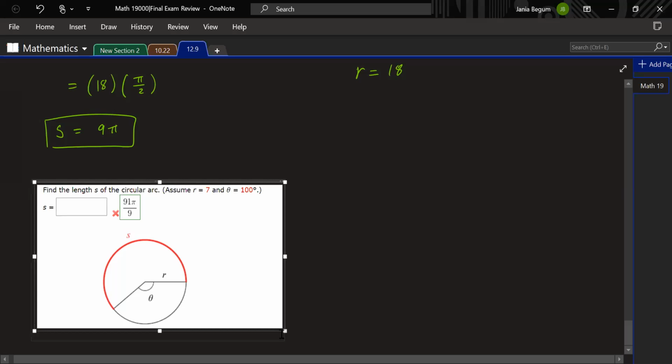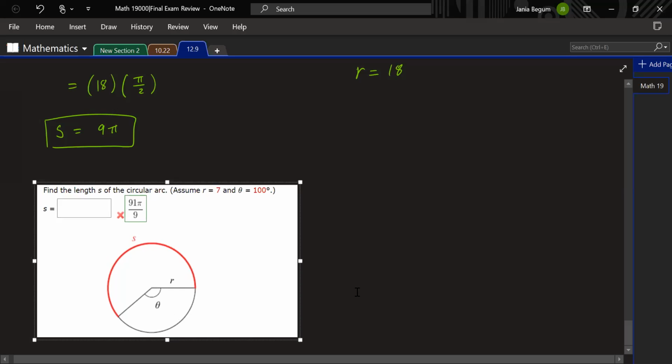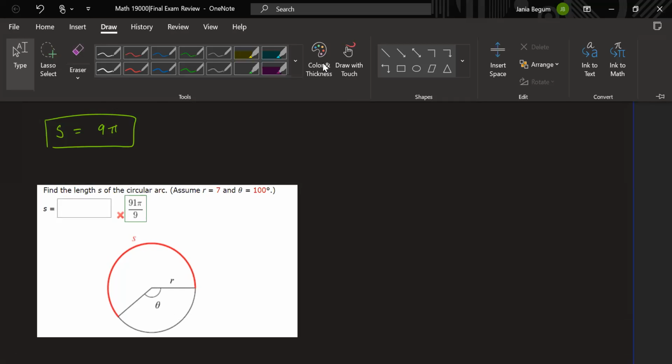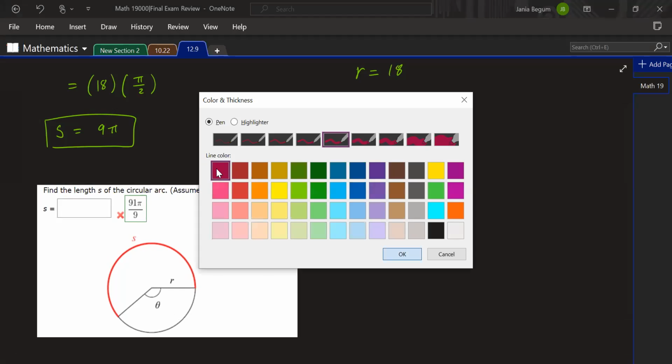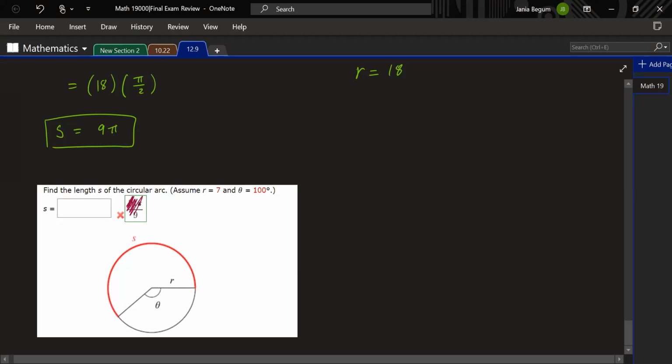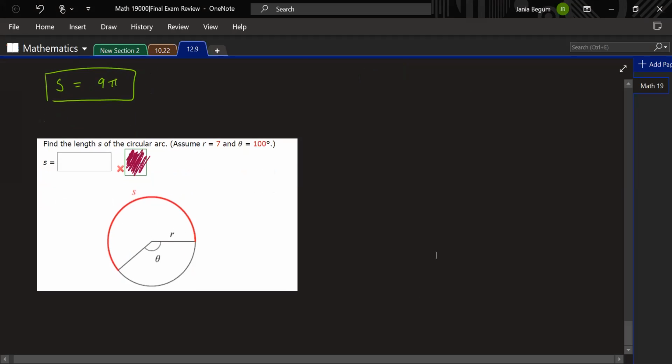The answer is right there, but let's assume we don't see it. We want to find the length of the red shaded arc, assuming r is equal to 7 and theta is equal to 100.